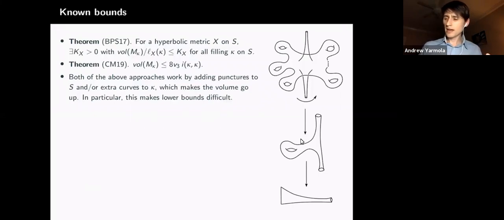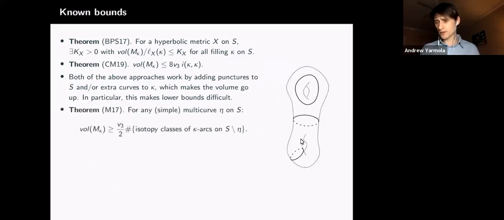The first lower bound that is kind of universal came from Andres in 2017, and it says that if you now take some simple multicurve eta on S, and you consider cutting S along that, and you're interested in what isotopic classes of kappa arcs remain.